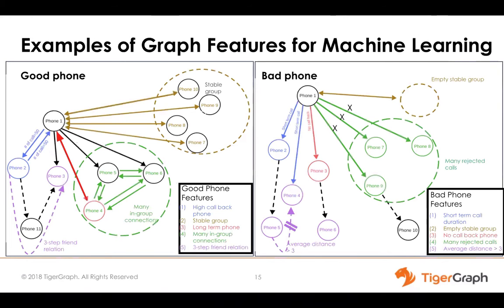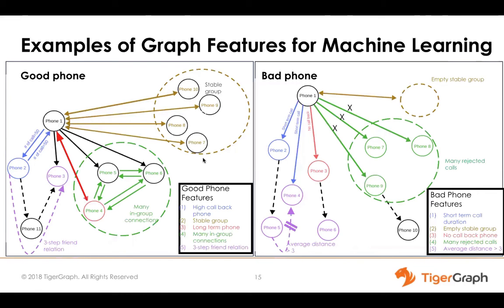So now let's look at how TigerGraph collects features. As Victor showed in this figure before, there are a lot of good features you can collect from the graph. For example, when a customer with a good phone calls other customers, the majority of the calls will be returned, with a callback. This shows familiarity between the target and itself, and also shows it's a good phone.